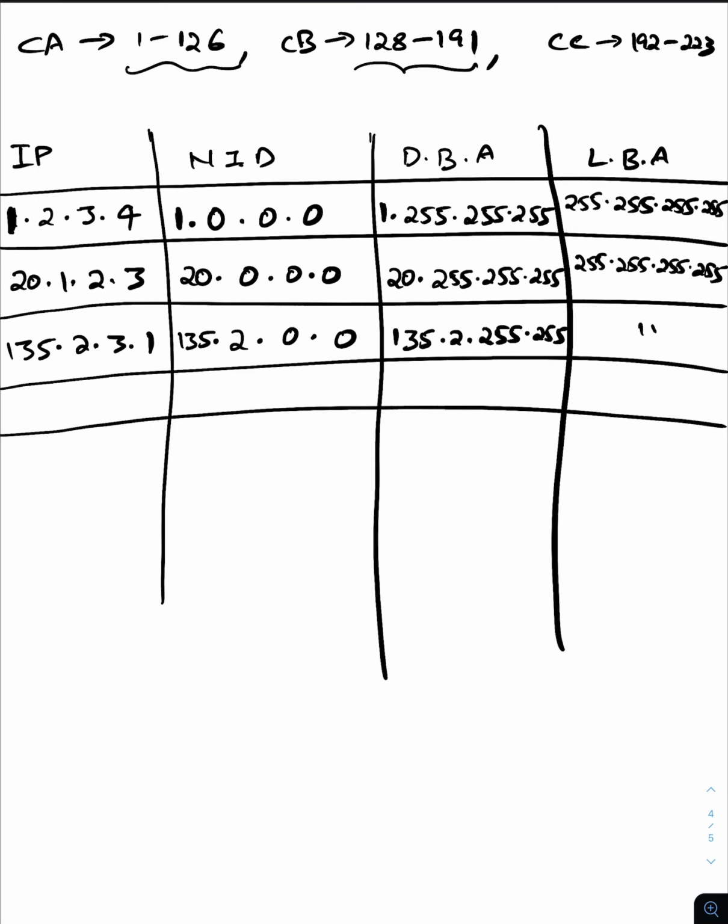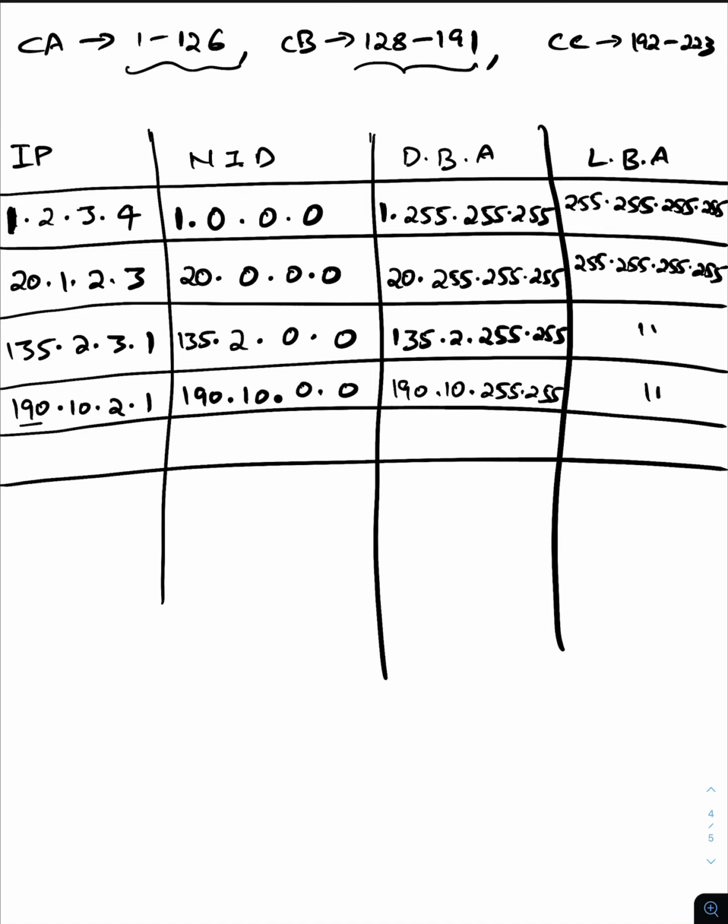Your limited broadcast address is the same. Let's take one more example, maybe 190.10.2.1. Since 190 lies between 128 and 191, your network is 190.10.0.0, your direct broadcast address is 190.10.255.255, and your limited broadcast address is the same.